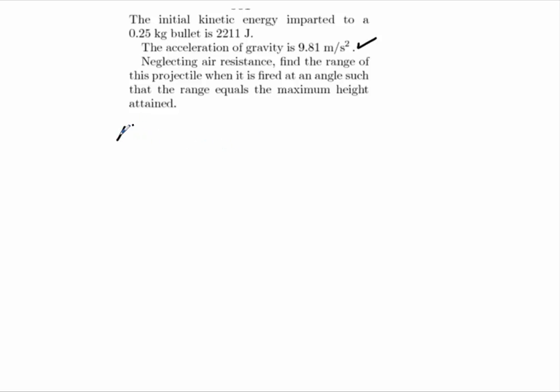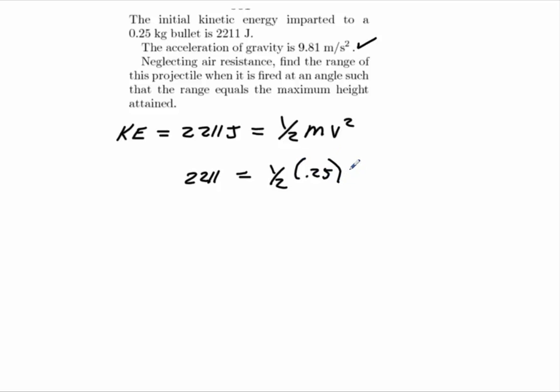First thing you want to do is take your kinetic energy and set it equal to 2211 joules. You set that equal to 1/2 mv squared. So now we have 2211 is equal to 1/2 times the mass of the bullet, which is 0.25, times velocity squared. Now we want to solve for v.